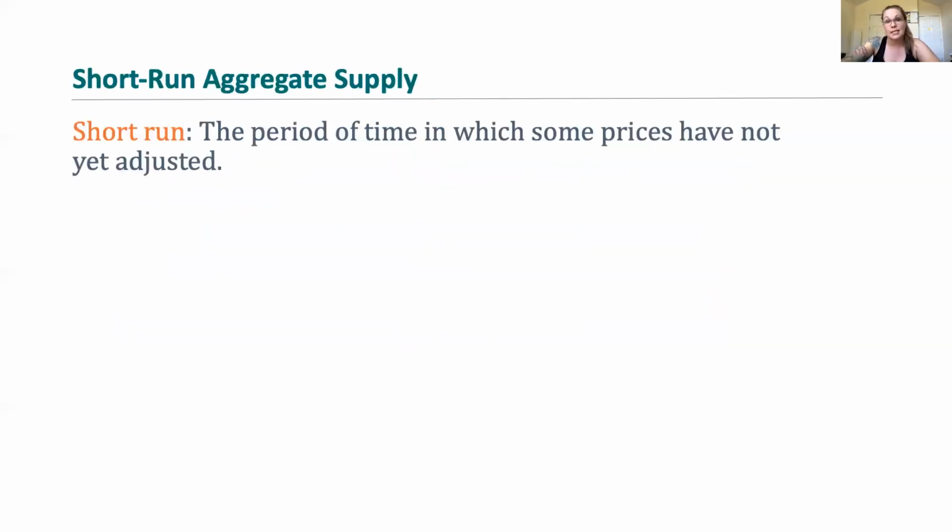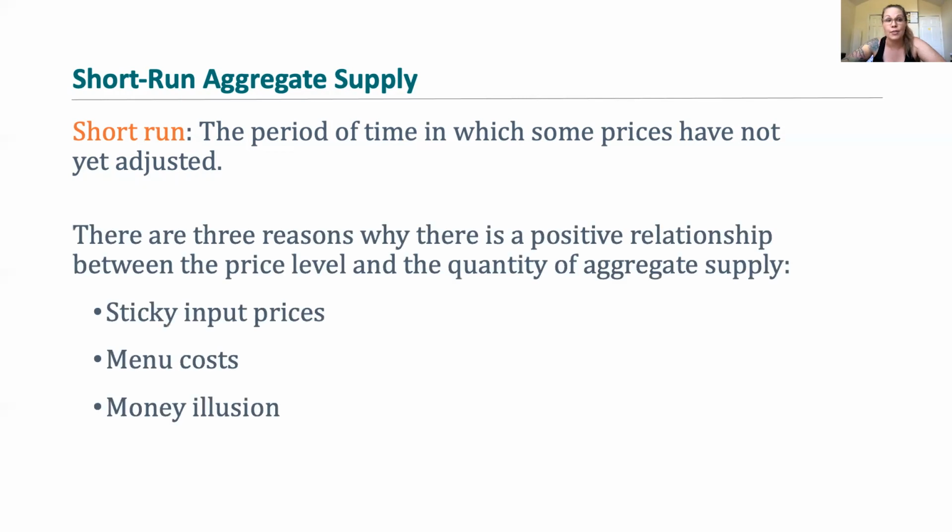The short run is a different story. In the short run, we're looking specifically at a period of time in which some prices have not been given enough time to fully adjust. So this is often what we call a business cycle or a period of less than 5 years. Each of the three theories that explain why the short run aggregate supply is upward sloping have a common thread.